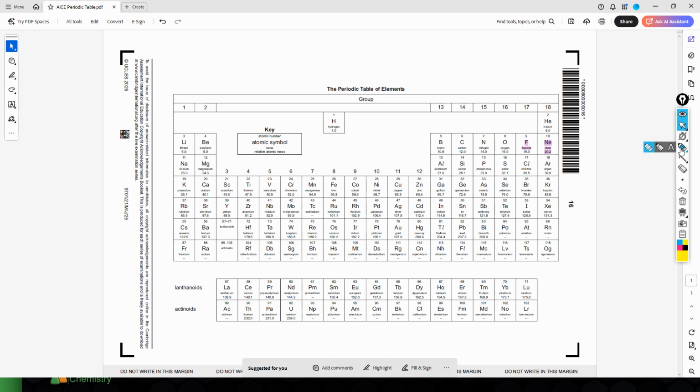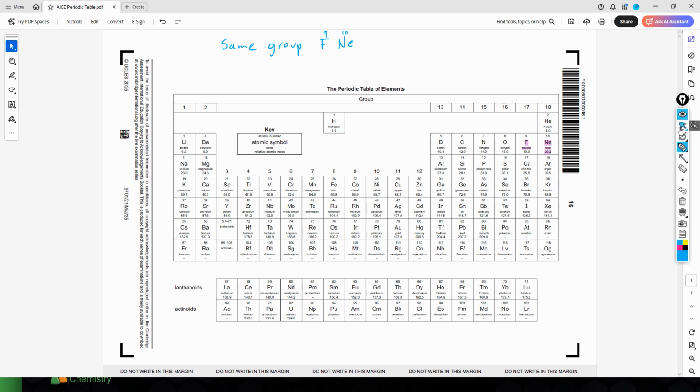So we are comparing 2 elements in the same group of the periodic table. So same group. I'm going to put here same group. Fluorine is 9 and neon is 10. So they're right next to each other.